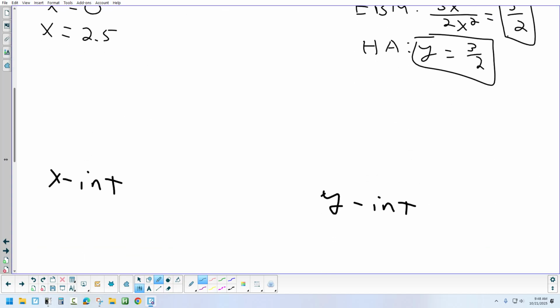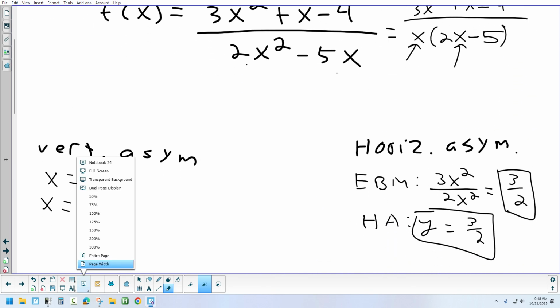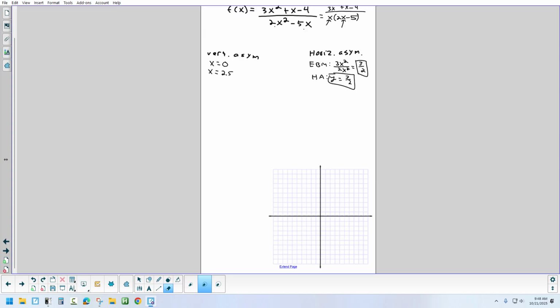Okay, and for this one, I'm not going to worry about the intercepts. So let's graph our asymptotes. We've got one at 0 and one at 2.5. So there's 0, there's 2.5 roughly.